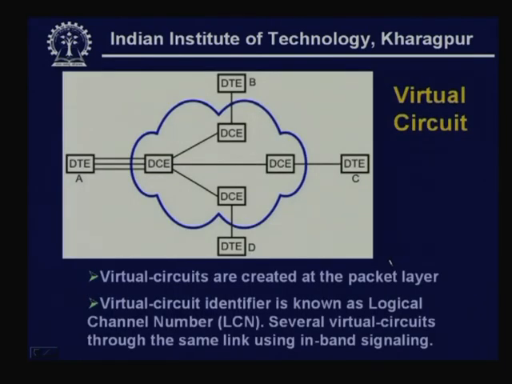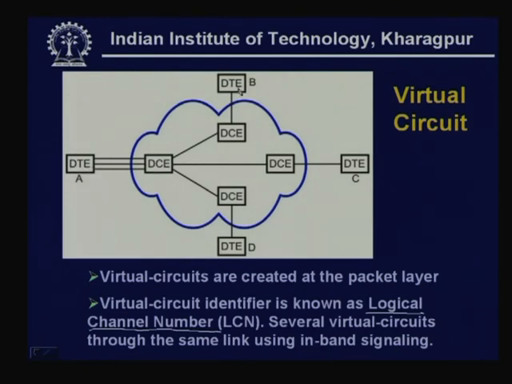So, you see the virtual circuits are created at the packet layer, and how it can be done I have already explained, and it uses a virtual circuit identifier. It is known as the logical channel number. So, that virtual circuit identifier is used to identify a particular virtual circuit. As you can see from this DTE A, there are several virtual circuits created.